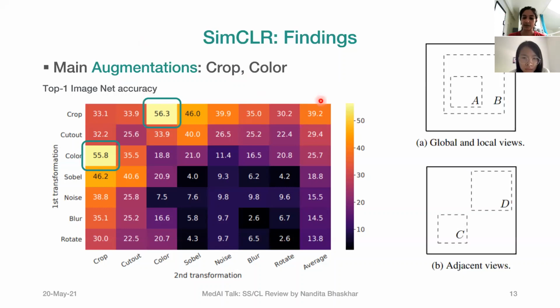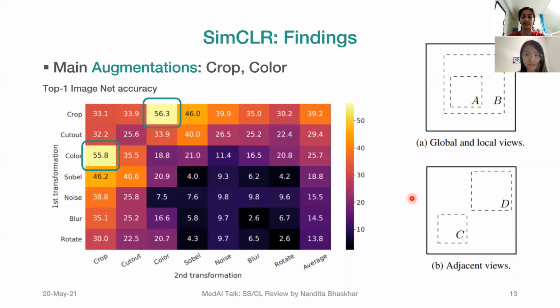So one thing to note about this crop and color is it's a little non-intuitive, because you're trying to prove that one image and a random crop of that image are actually the same entity. And you can imagine in a medical setting where if you have a chest X-ray and you are interested in a particular lung nodule, say, and you crop a different portion of the chest X-ray and then say, okay, that is also supposed to represent the entire chest X-ray, which is probably wrong.